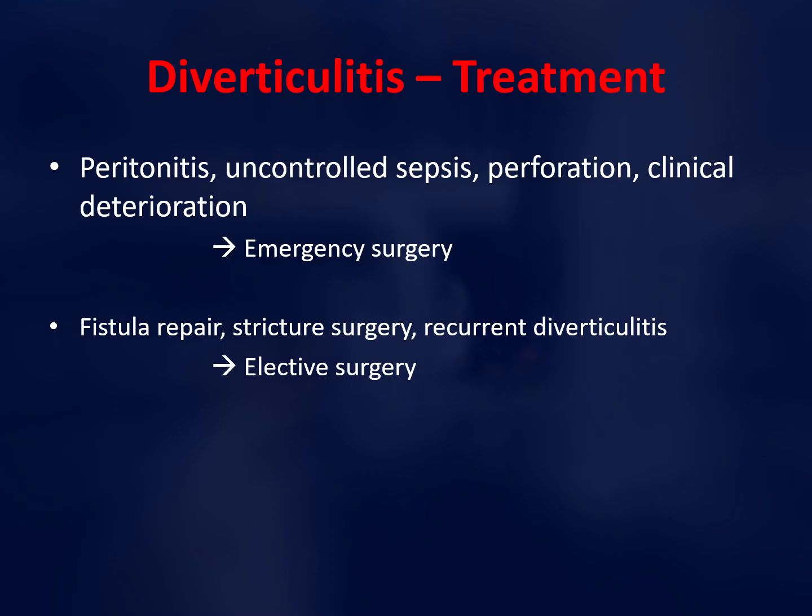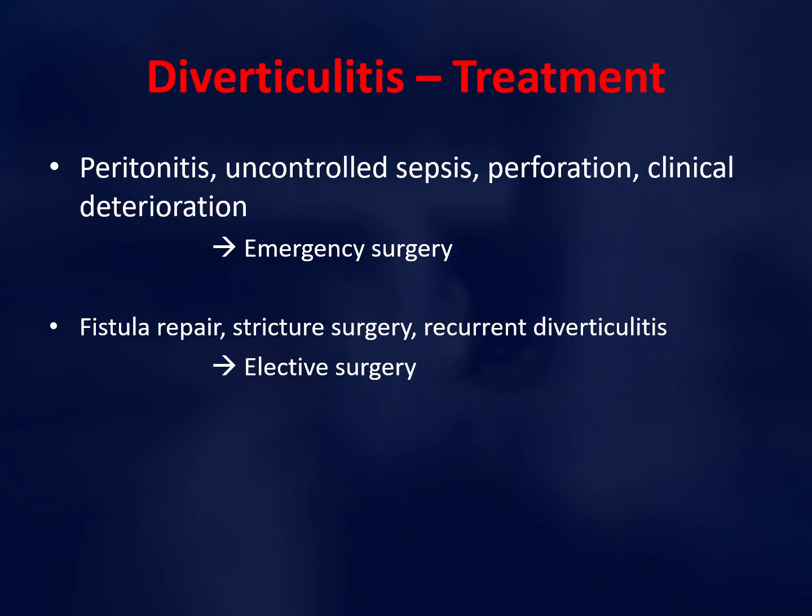So, for surgery, we have emergency surgery and elective surgery. Emergency surgery is done, as mentioned, when we have on presentation peritonitis or a secondary peritonitis, when we have an uncontrolled sepsis, if we have a big abscess that is not accessible to CT drainage, or an ongoing sepsis with a clinical deterioration.